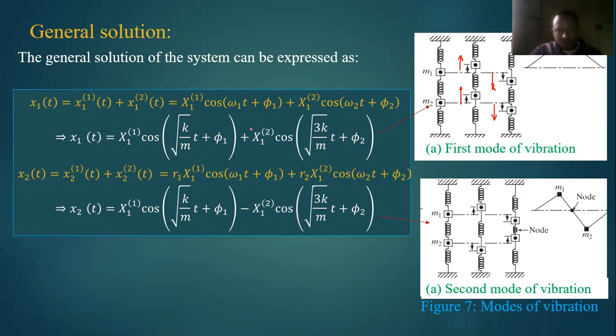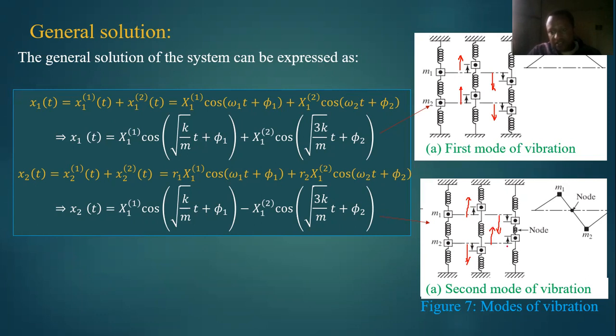And in the second mode, we have m1 and m2. When m1 is moving in this direction, m2 is moving in this direction, so they are 180 degrees out of phase. Again, when we come here, if m1 is moving in this direction, m2 is also moving in the opposite direction.